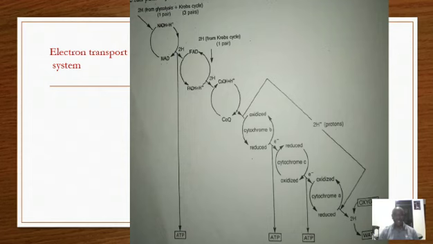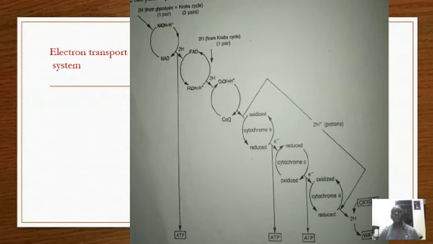In summary, electron transport system. NADH2 loses the hydrogen atoms passed to FAD, in the process liberating the first ATP molecule.